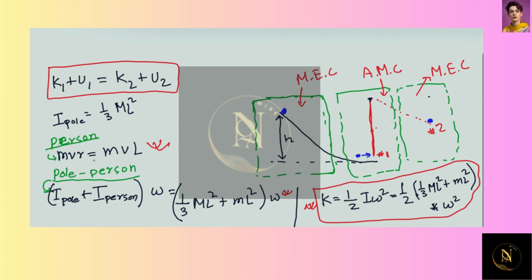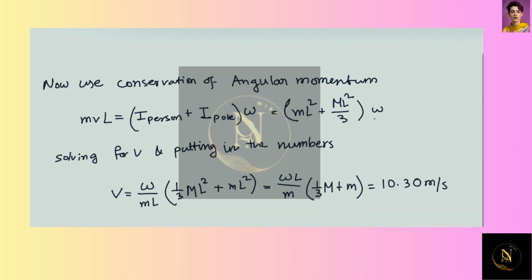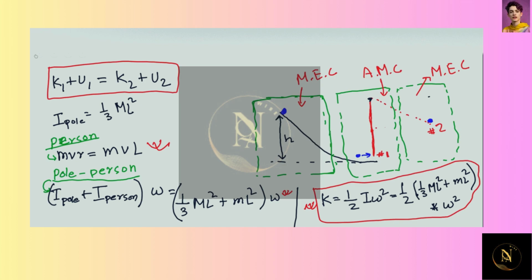So this is before collision and this part is after collision, so we set them equal to each other, and from there we solve for the linear velocity. We already know omega, L, big M, and small m, and from there we see that the linear velocity is 10.3 meters per second.